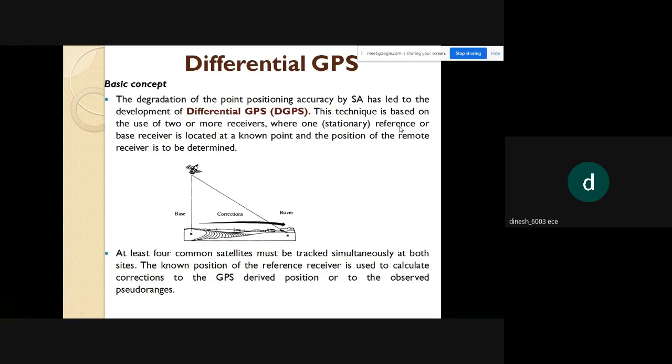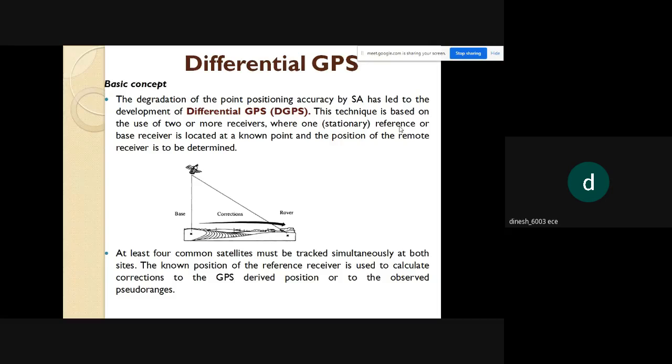So the basic concept of differential GPS comes from the point positioning accuracy under the selective availability system. The degradation of the point positioning system's accuracy, which was caused by selective availability, has led to the development of this differential GPS.